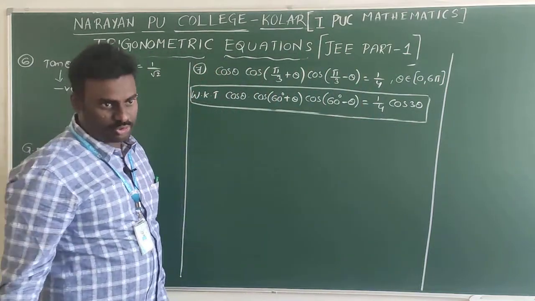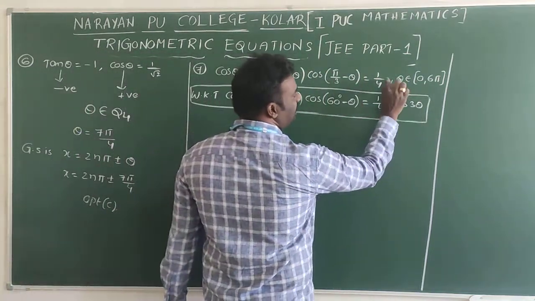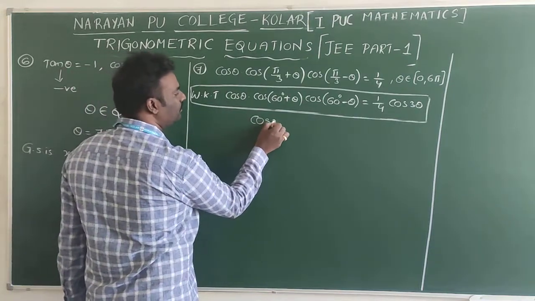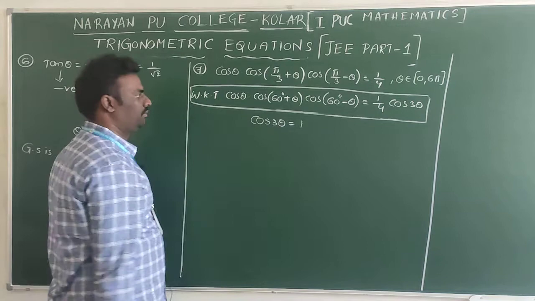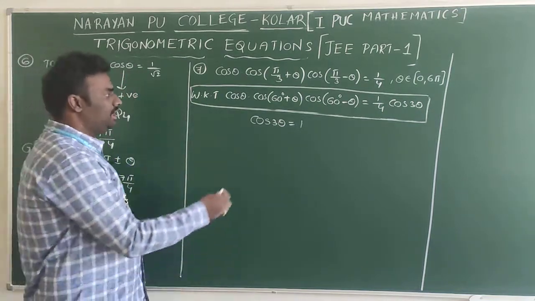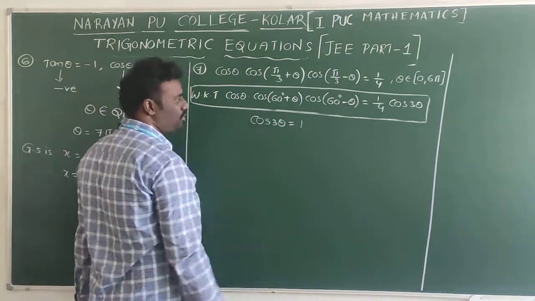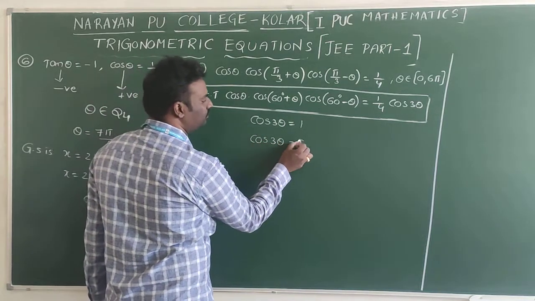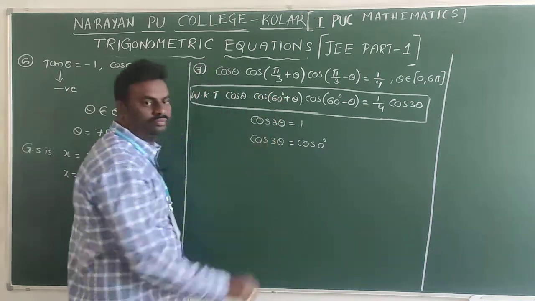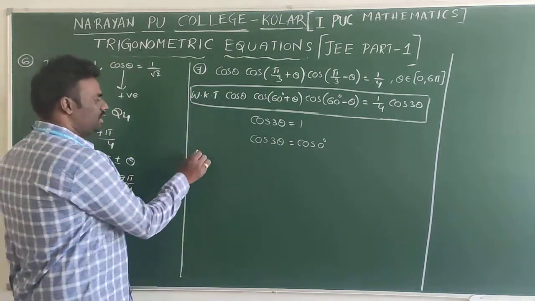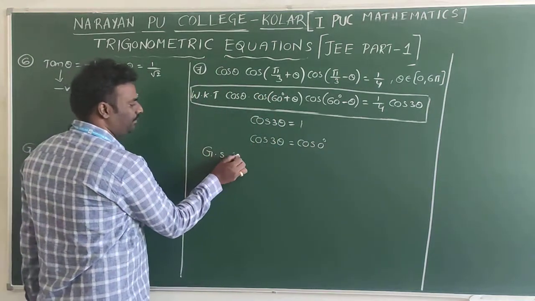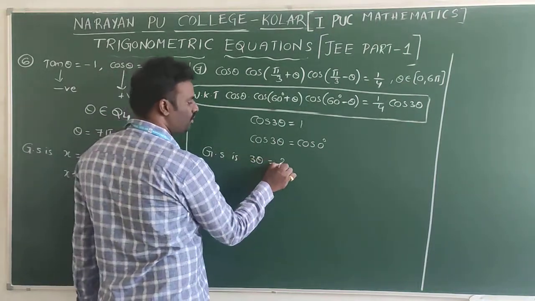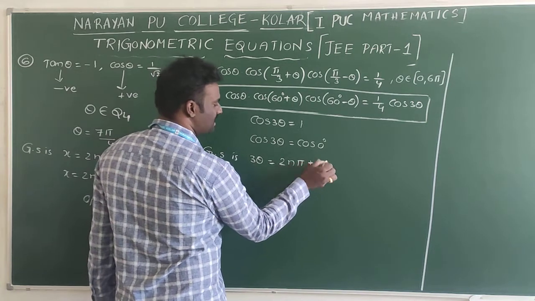Now compare these two. In place of cos 3 theta we have 1. Therefore, if cos 3 theta equals 1, this 1 I can write as cos 0. What is the general solution? 3 theta is equal to 2n pi plus or minus 0.